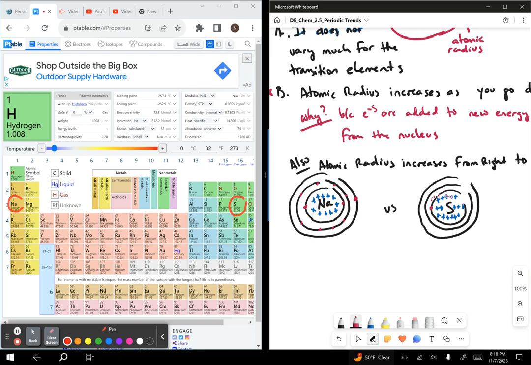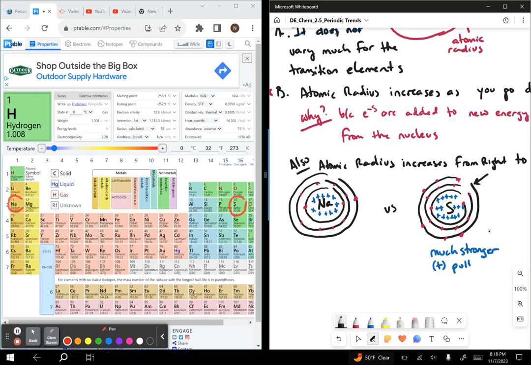So even though you add more electrons, they're still on the same energy level, but you have a whole lot more positive, a much stronger positive pull, right? So what happens is these electrons are going to be pulled in a lot tighter.